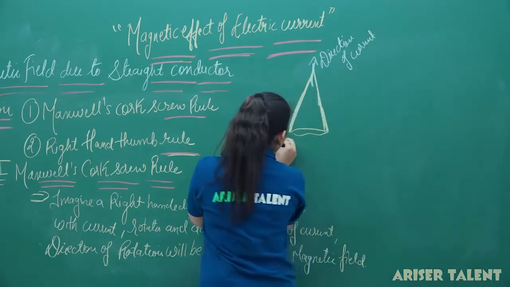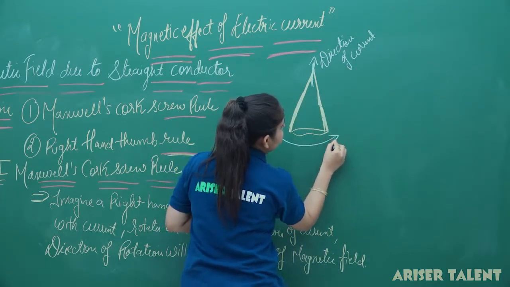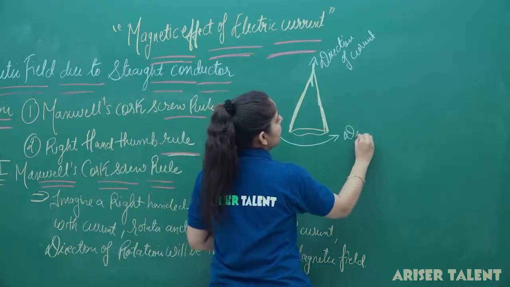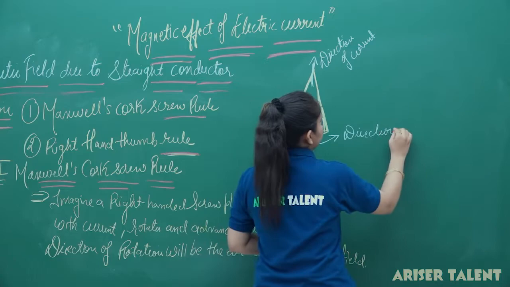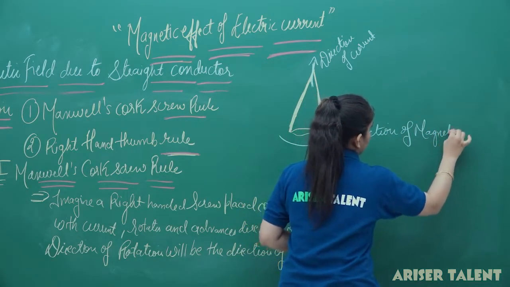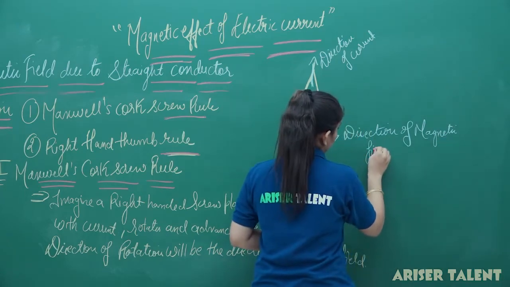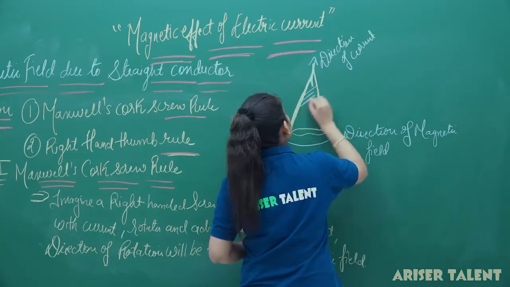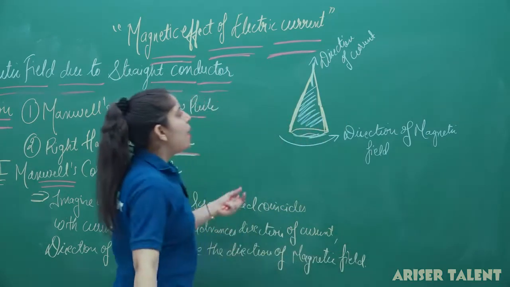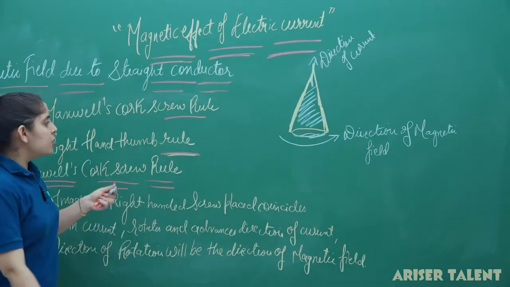And if the screw is rotated in this part, it will give you the direction of magnetic field. So this is all about the Maxwell's corkscrew rule.